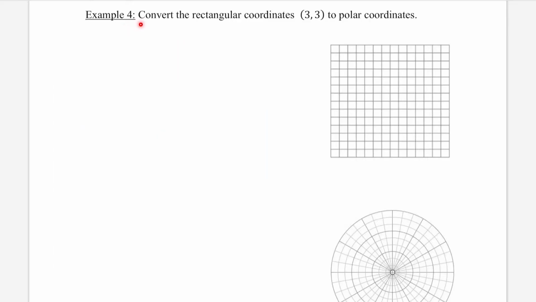Example 4. Convert the rectangular coordinates 3, 3 to polar coordinates. They gave you x, y. They want to have r theta. Your x is 3, your y is also 3.